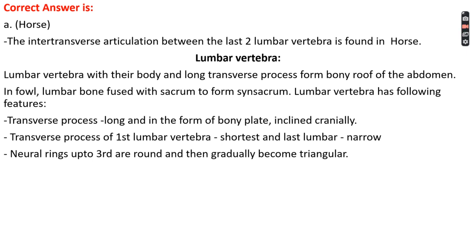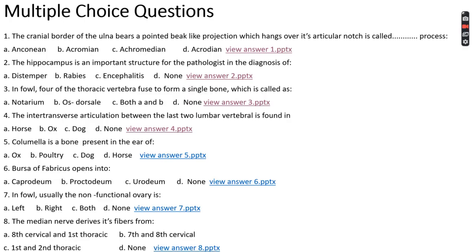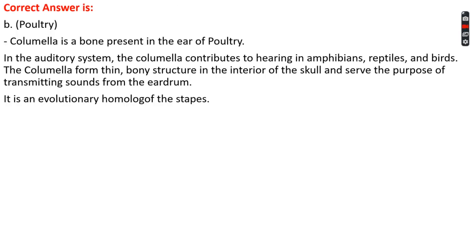Question number 5. Columella is a bone which is present in the ear of: option A, ox; option B, poultry; option C, dog; option D, horse. The right answer is option B, that is poultry. Columella is a bone present in the ear of poultry.